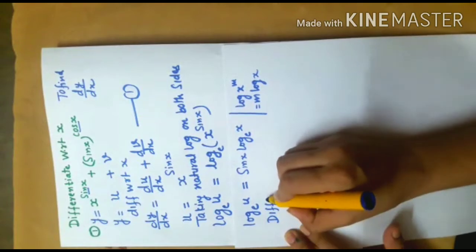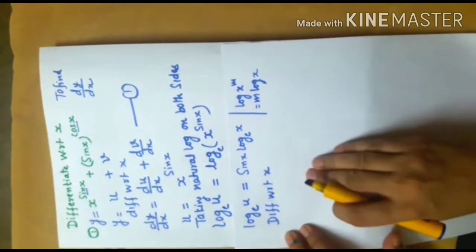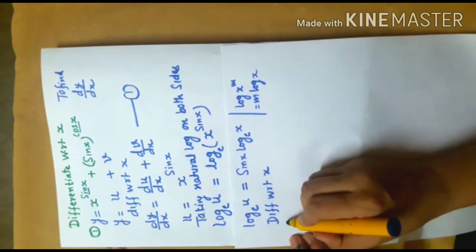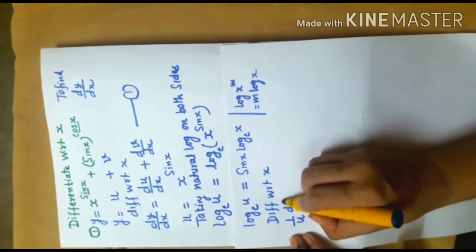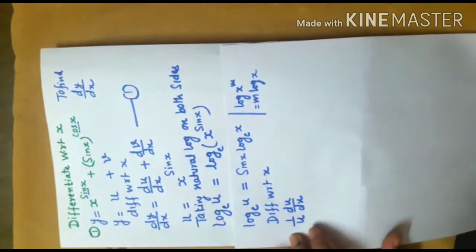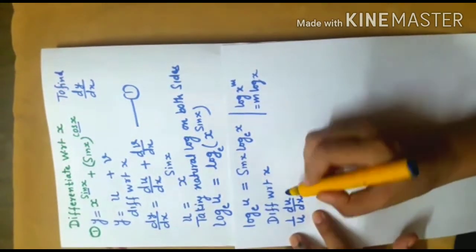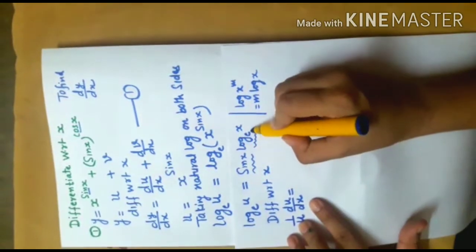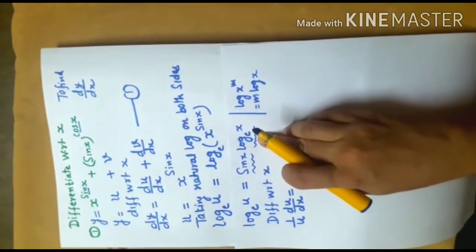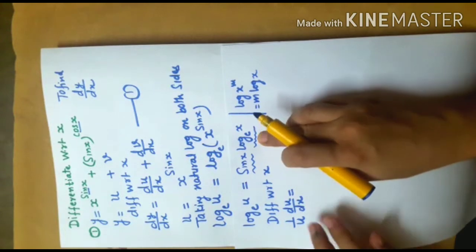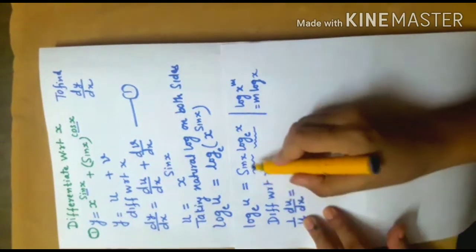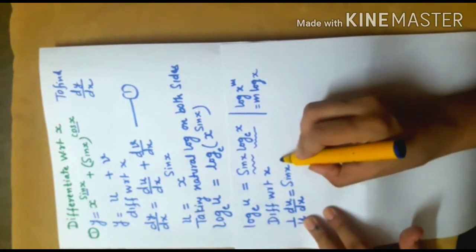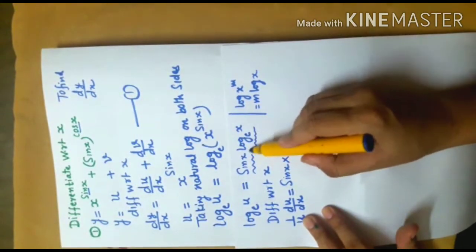Now I'll differentiate with respect to x. The derivative of natural log u with respect to x will be 1 by u du by dx equals, here two functions are getting multiplied, so I'll make use of the product rule. So first function, which is sin x, into the derivative of the second function.